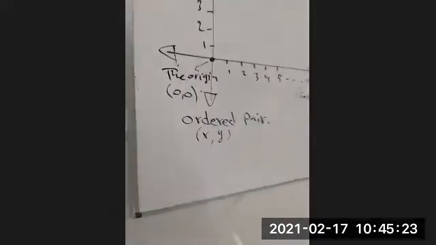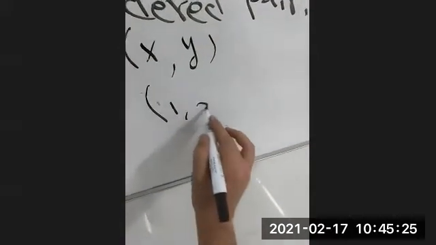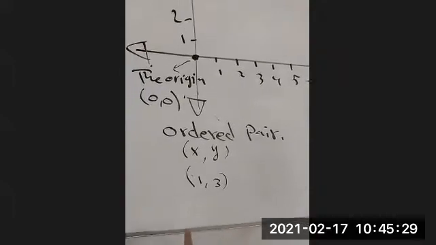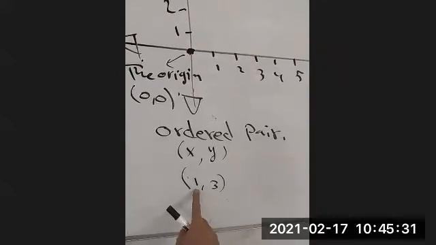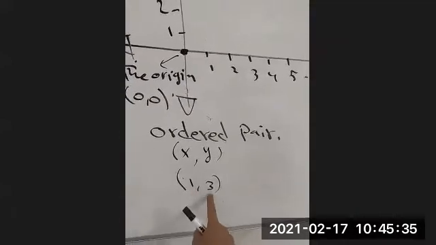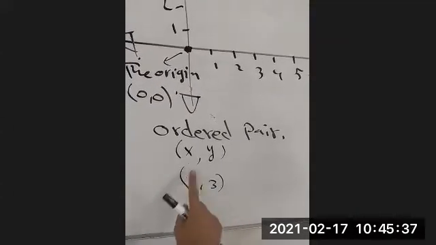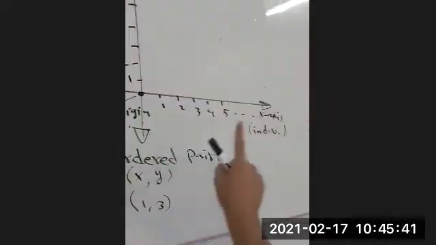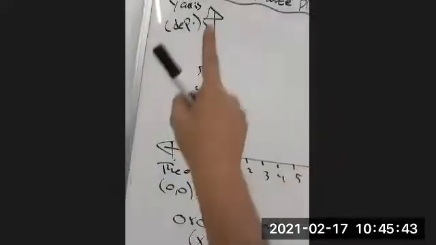For example, the ordered pair 1 and 3. The x-coordinate is 1, the y is 3. Not y here or x here. No, don't do that. The first x, the second y only. The first, the horizontal. The second, the vertical.